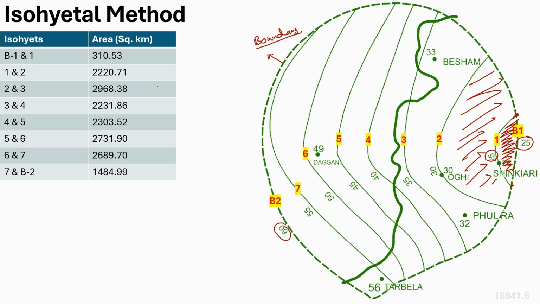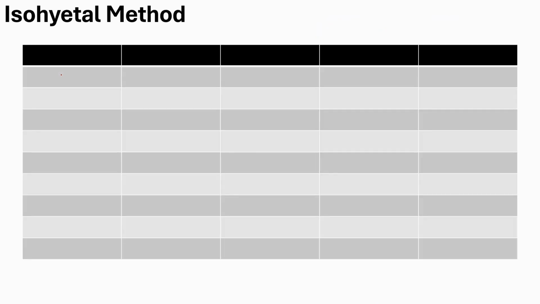From 2 to 3, the area is this one. All the areas between two isohyets or boundaries are given. So what will we do? We will simply perform a step and then we will move towards the next value.